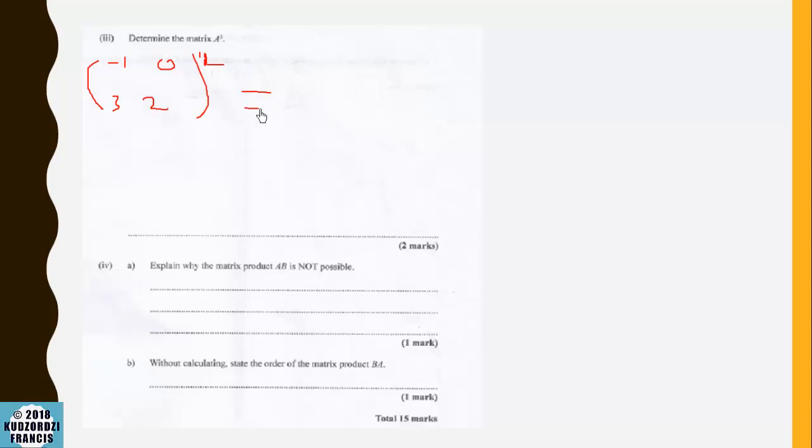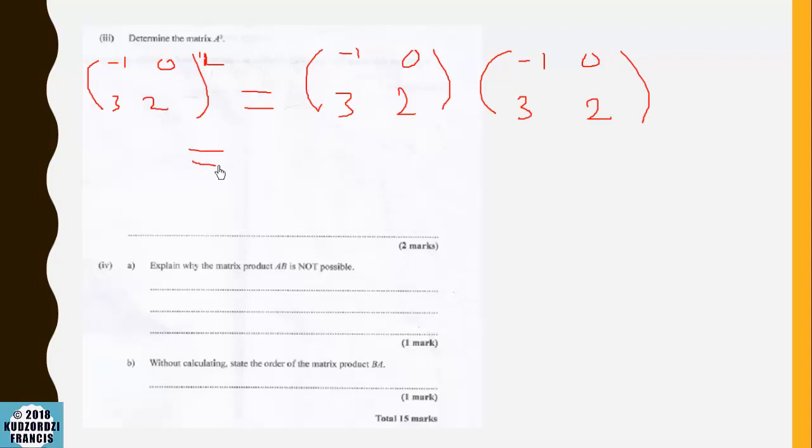This is the same as negative 1, 0, 3, 2 times negative 1, 0, 3, 2. So by matrix multiplication we have negative 1 times negative 1 plus 0 times 3.